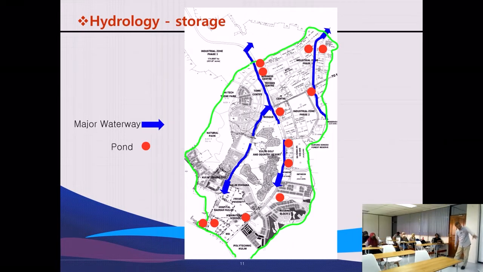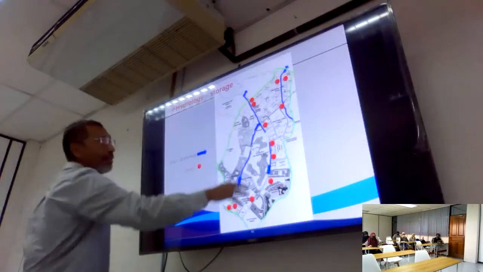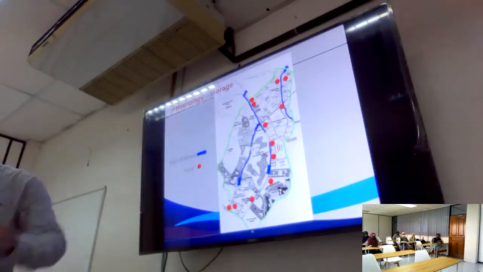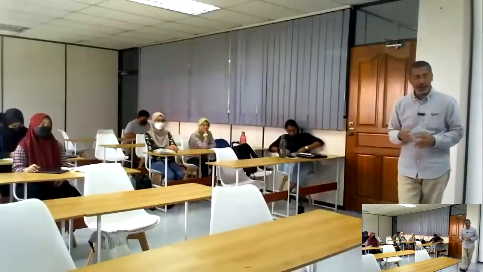For example, Kulim is to the south, and most kampung are to the northeast. So even though there are main drain systems coming to the south and to the north, they will not cause any disturbance to the existing situation in the nearby area, because we provide a lot of what we call storage system.